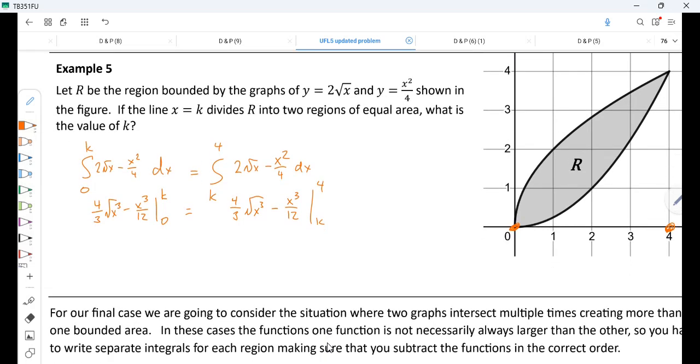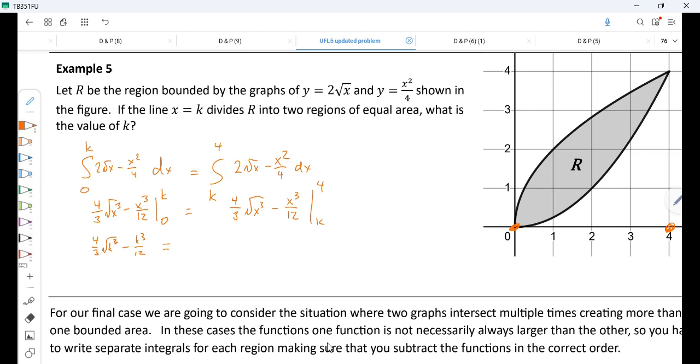So anyway, on our left side, we end up with 4/3 the square root of k cubed minus k cubed over 12, and then we have a minus 0, but I'm not going to write it.